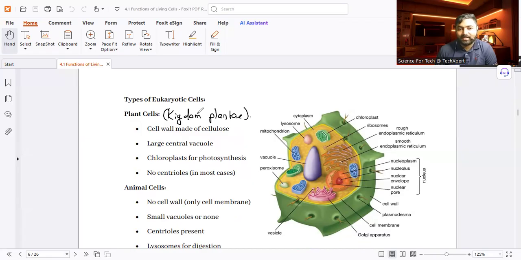Can you remember the classification under kingdom Plantae? How are plants classified? What are the two main groups? In this same lesson, we talked about Plantae.